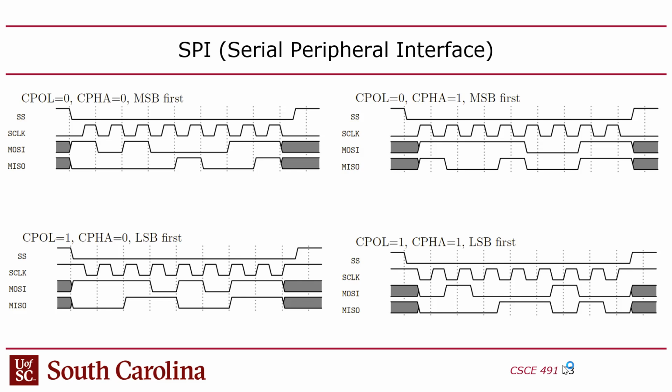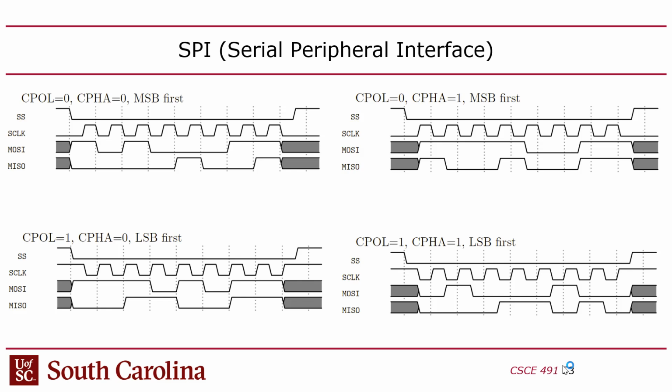So what that means is that if CPHA is 0, the data is sampled on the first edge of the clock. And if CPHA is 1, the data is sampled on the second edge of the clock, right? Now you might hear that and say, oh, well then I guess that means there's 1 extra clock cycle if CPHA is 1. No. Same number of clock cycles.